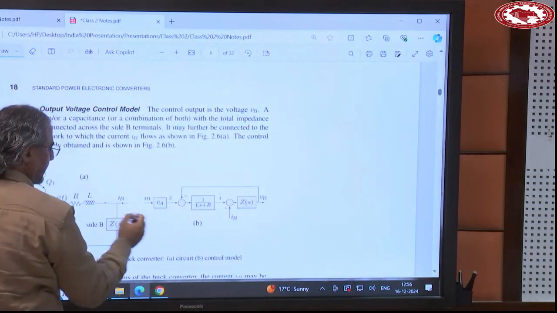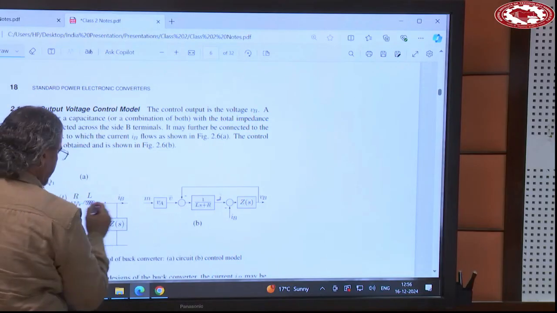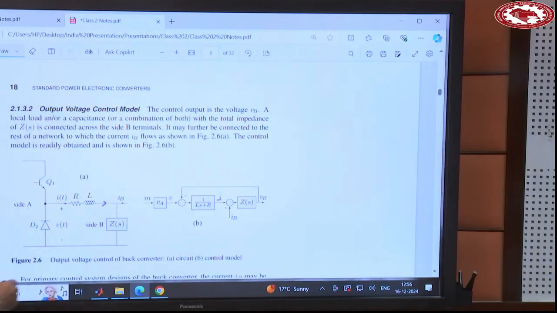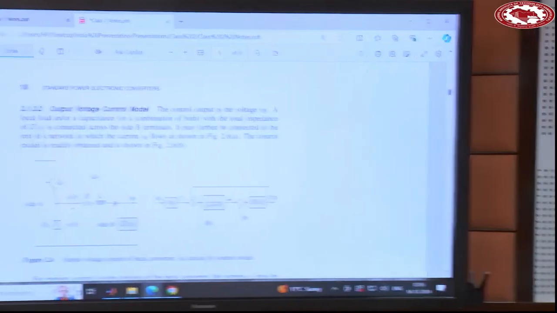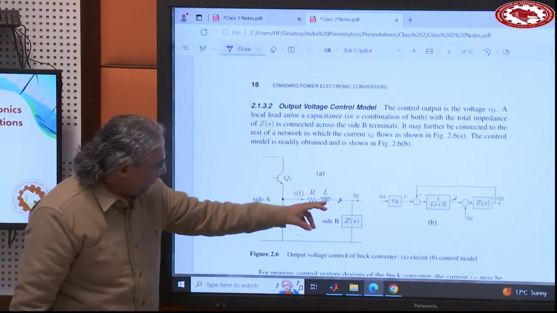So that I bar is the average of the inductor current. For now, I keep the bar, but as we go on, I will drop that bar, because now we all agree that we are focusing on the control side of the converter, not on the switching side of the converter. So that is the current flowing here.